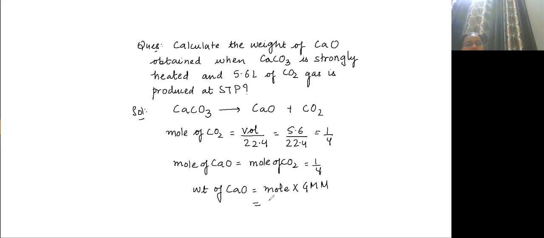Calcium is 40, oxygen is 16. That is 1 by 4 into 56. So what will you get? 14 grams. Copy this. If this is done, let me know. I'll give you another problem.